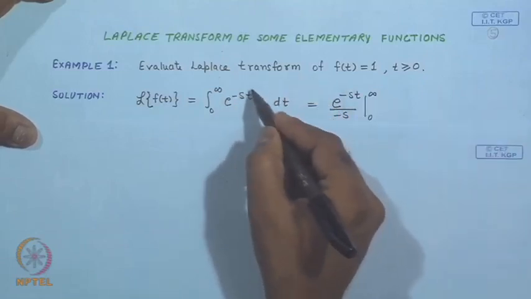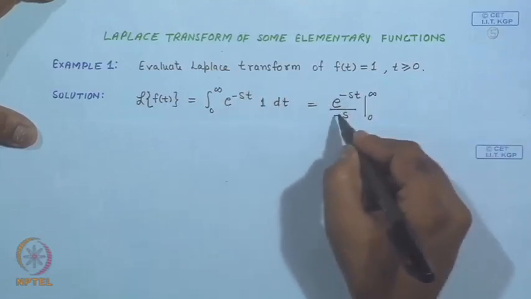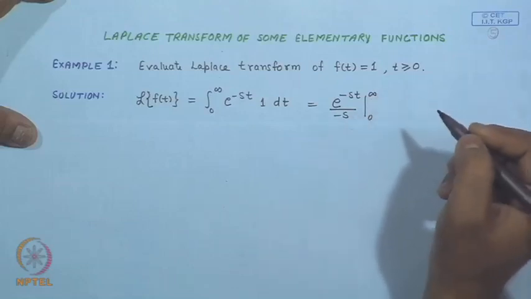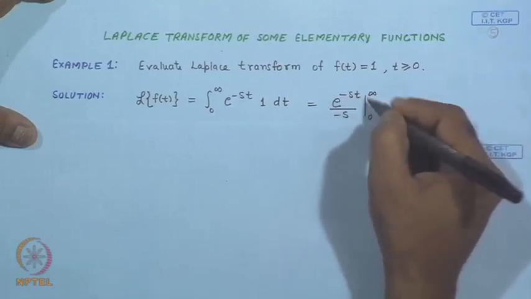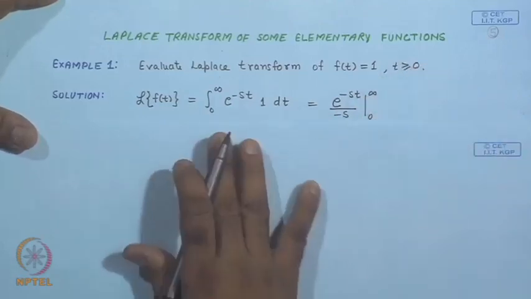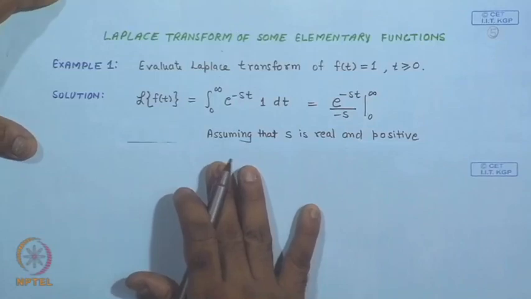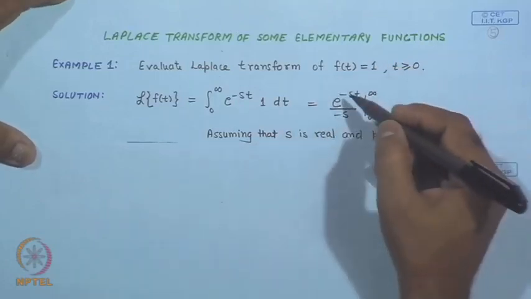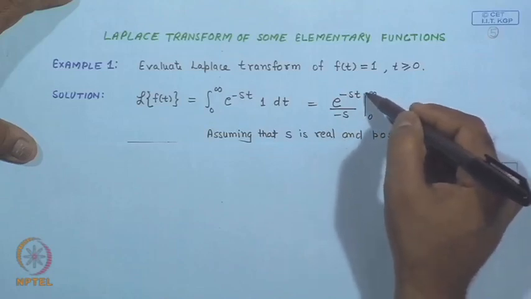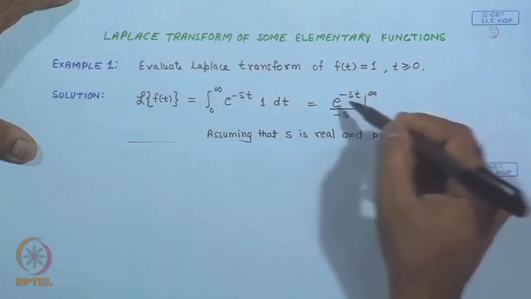We can integrate this easily. So, we have e power minus s t over minus s with the limits 0 to infinity. First the upper limit, and then minus the lower limit. We assume first that s is real and positive. Then what will happen when t approaches infinity?